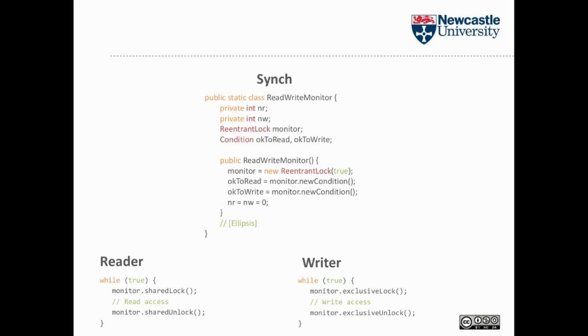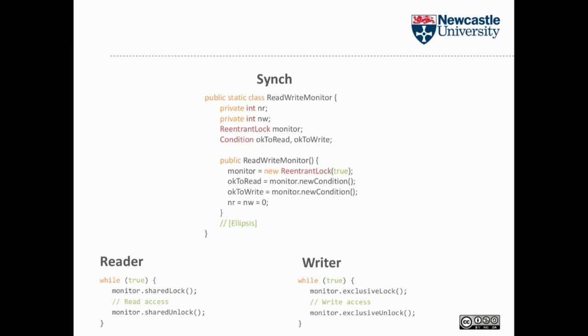So we want to preserve the same kind of life cycle for the reader and the writer, but now we want to implement a class instead. We want to count here, so the code is going to be dual: either you're counting how many are waiting, or how many are available. Here, we're counting how many are inside the monitor instead.